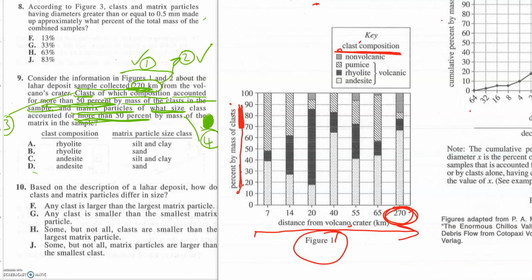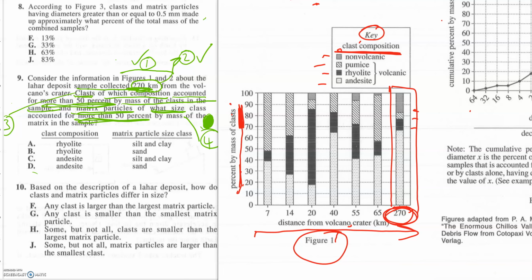We've got 270, and then we look up at this key here, and we see that there's 4 different types of clasts, I guess. All we're concerned about is 270 kilometers, and we see that it's broken up into the 4 different little sections.